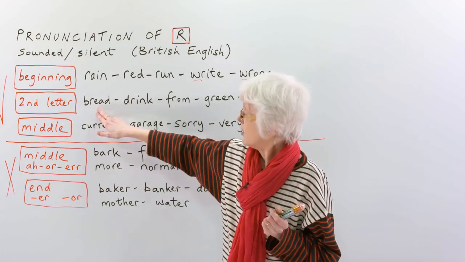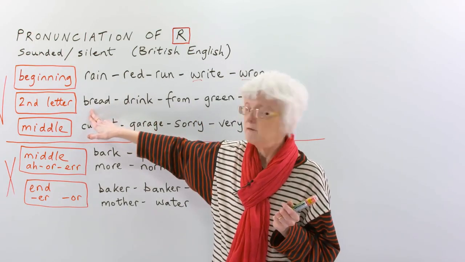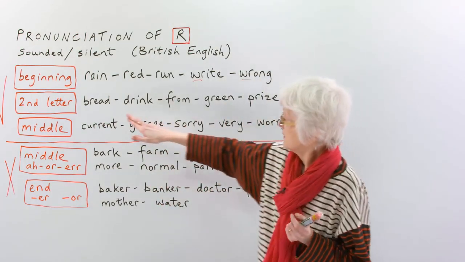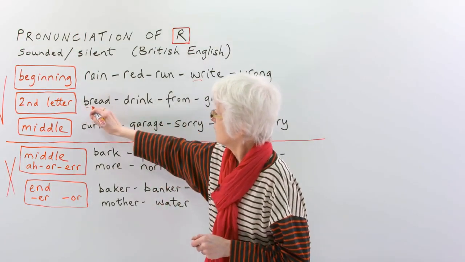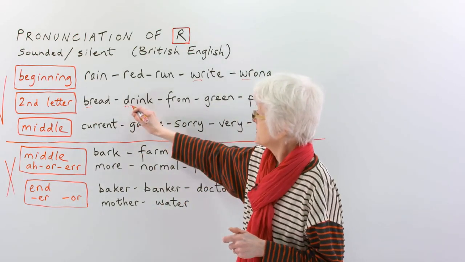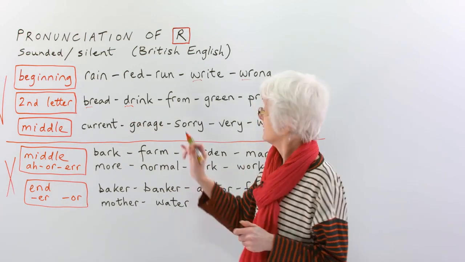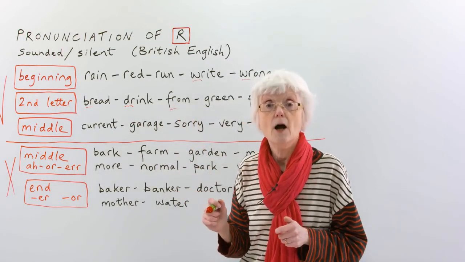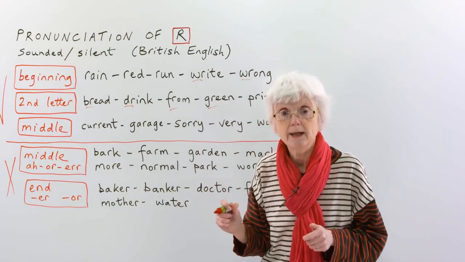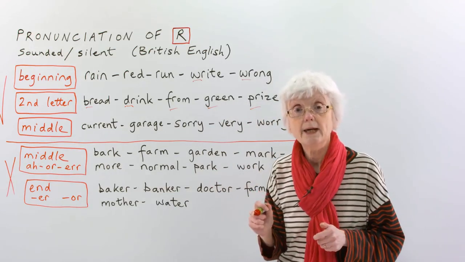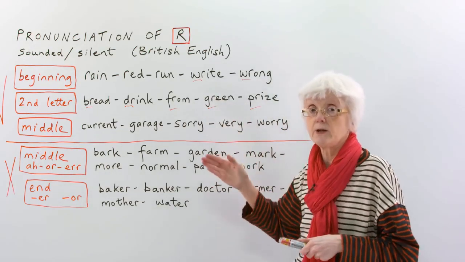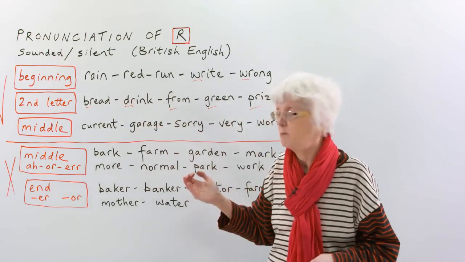Also, if the R is the second letter of the word following a consonant, okay, so with a B, bread, and with a D, drink, and with an F, from, with a G, green, and with a P, prize. Okay, and there are other consonants as well. These are just a few examples.